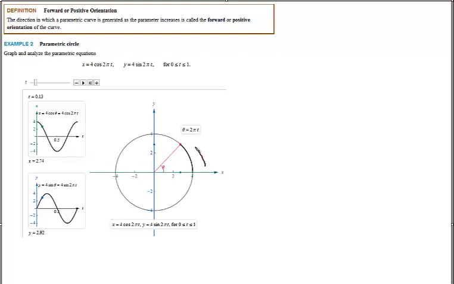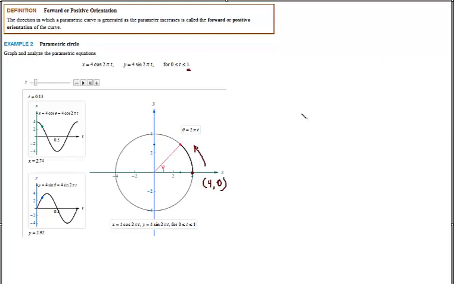My xy plots are going in this direction, so you would say that the positive orientation of this is in the counterclockwise direction, because as t goes from 0 to 1, it starts at the point 4, 0, and moves around the circle, and then actually ends at the point 4, 0 when t is 1. And if I go over 1, I'm just going to go back around the circle again.